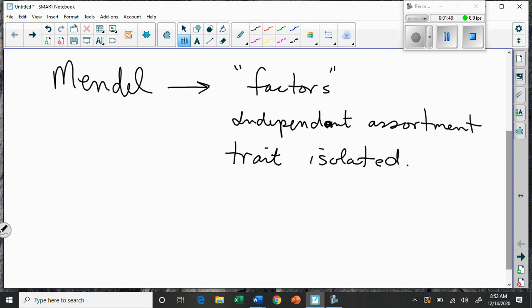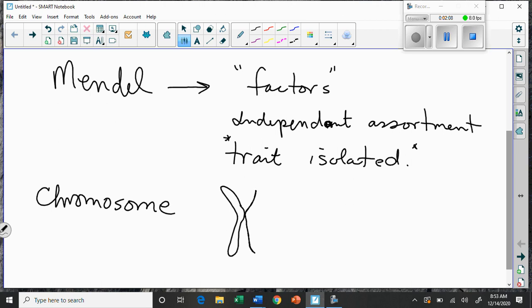But this is not the case anymore, because we know the new idea, the idea of the chromosome, was discovered as the mechanism for the movement of genes. Remember, what we have is a chromosome. Here it is in its doubled copied form, ready for meiosis or mitosis.